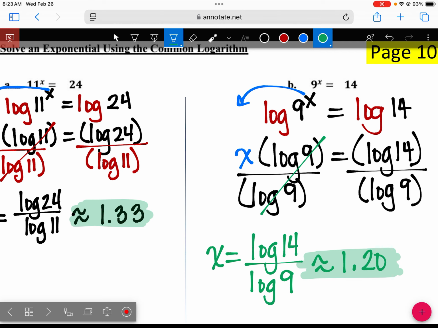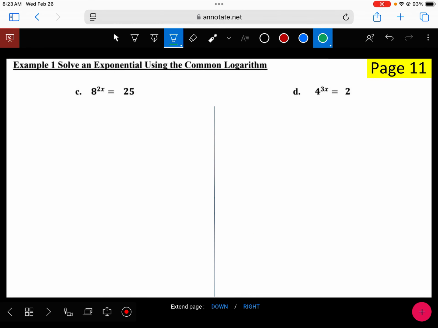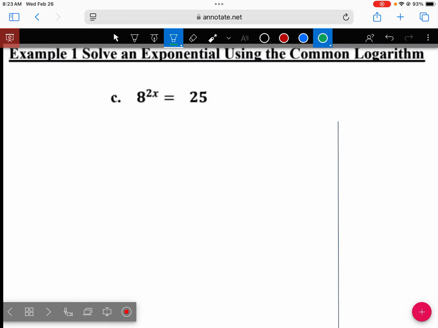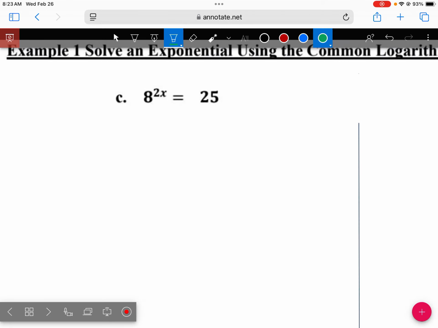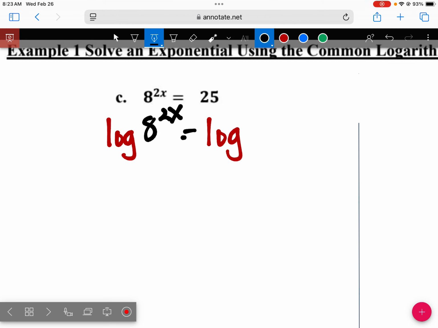All right, let's just do a couple more and then we'll end there. So same process, we're going to get it started. Put your log in on both sides. Move, this time we have to move a 2x. So now it's 2x that's moved to the front.